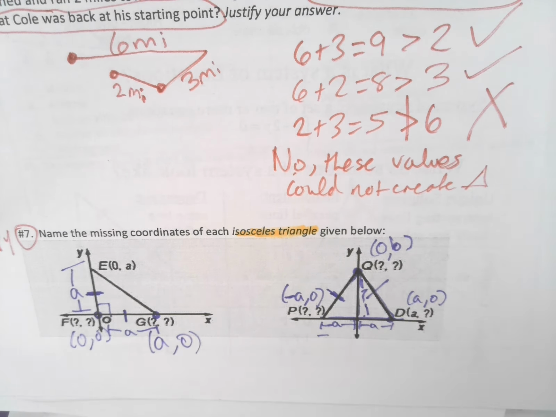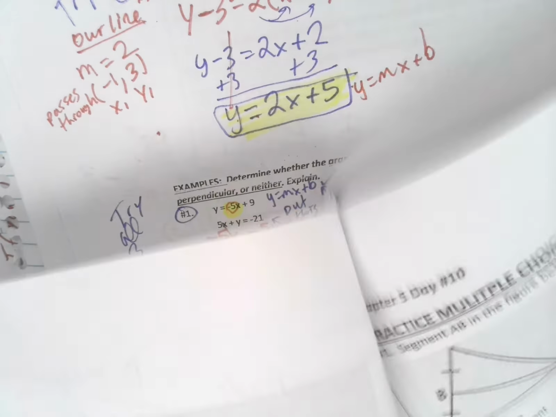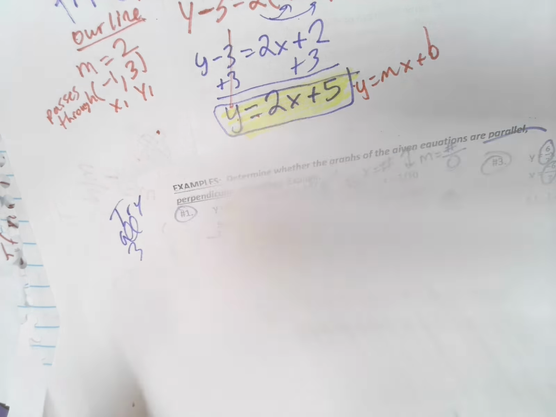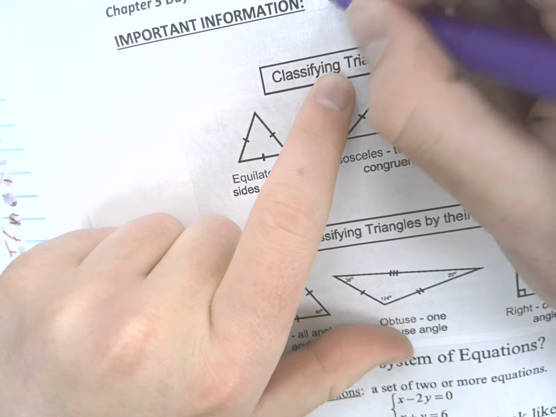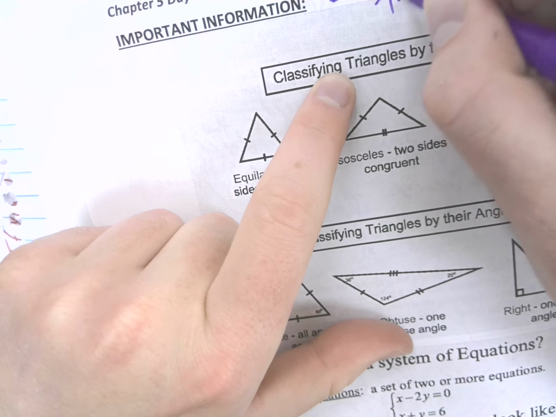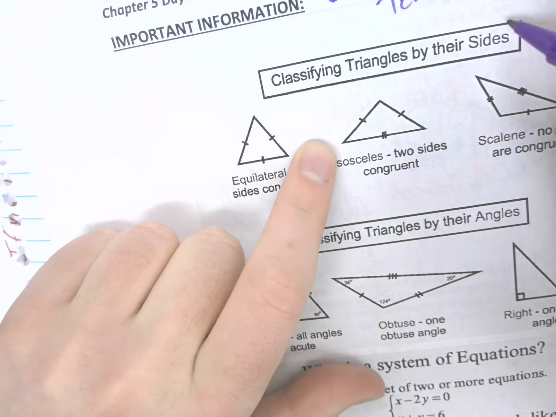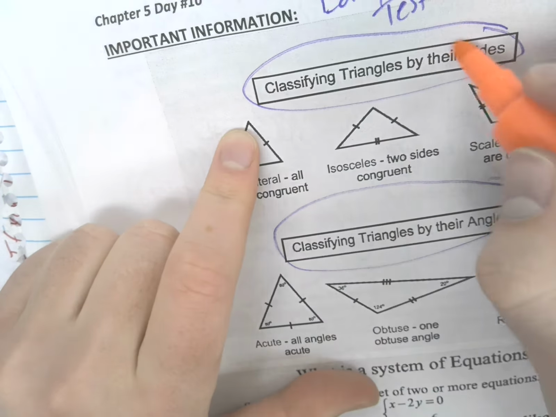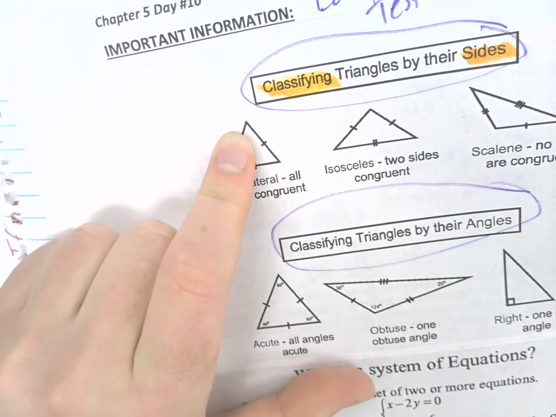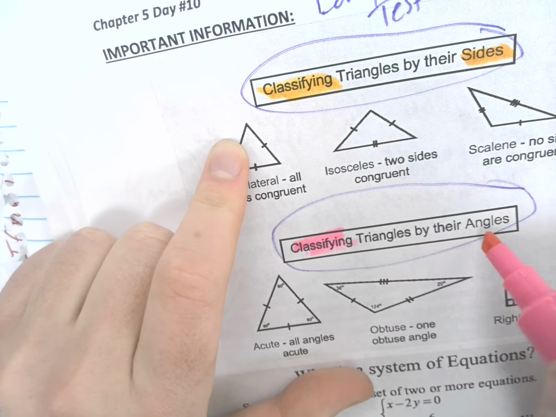All right, and so guys, with our test tomorrow, one final thing I just want to mention. This is going to be super, super important, especially early in the test. Classifying triangles by their sides and by their angles, guys. I cannot stress that enough. Classifying by sides, classifying by angles.